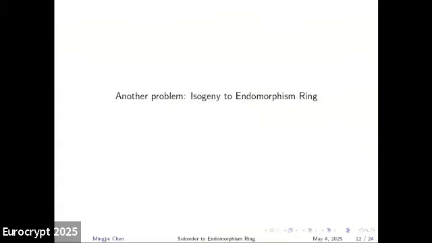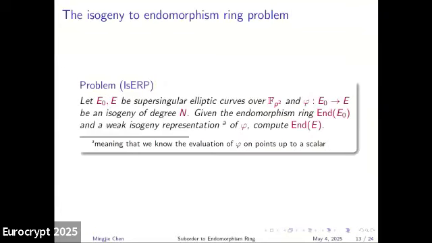OK, now I'm going to take a detour to another related problem, because that's how we actually solve it. This is the isogeny to endomorphism ring problem. So the end goal is, again, computing the endomorphism ring of something, but now you have a different piece of extra information.